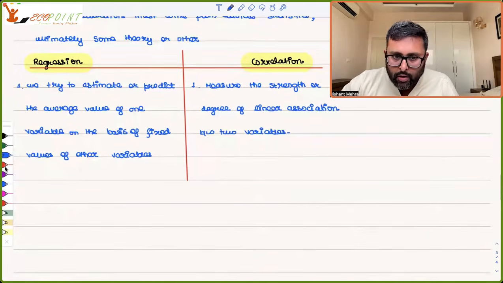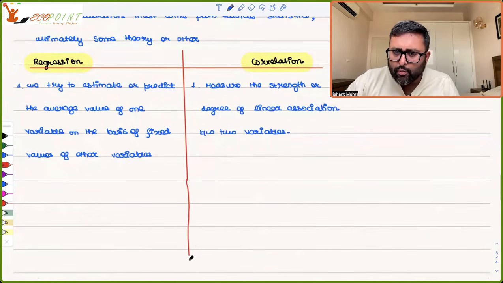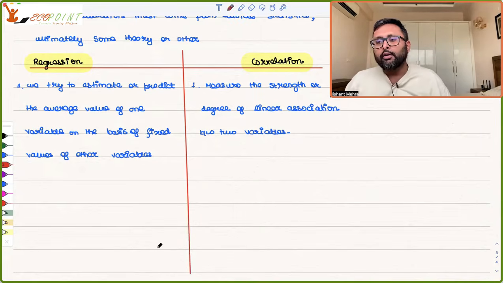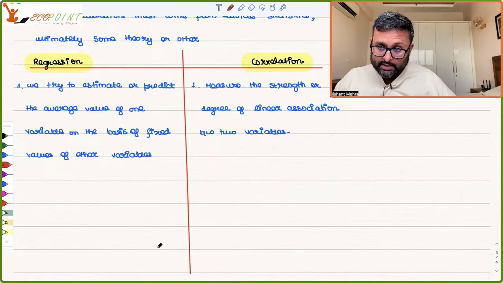So when you talk about correlation, you are treating both of them equally, symmetrically. It doesn't matter if you are giving more importance to the marks in the mathematics test, or more importance to the marks in the science test. No, both of them are treated symmetrically.